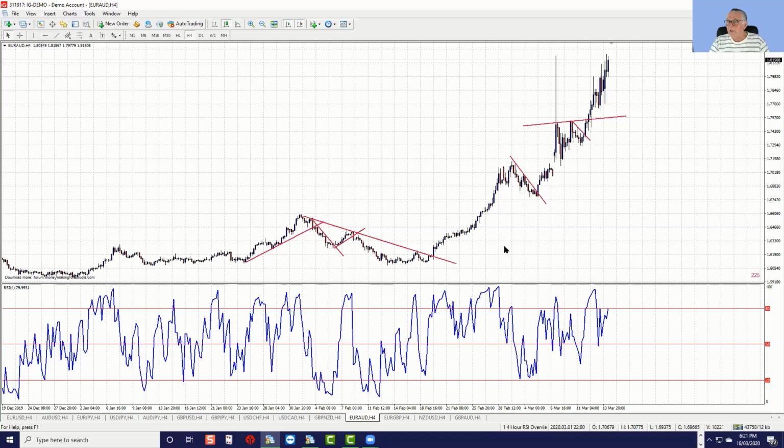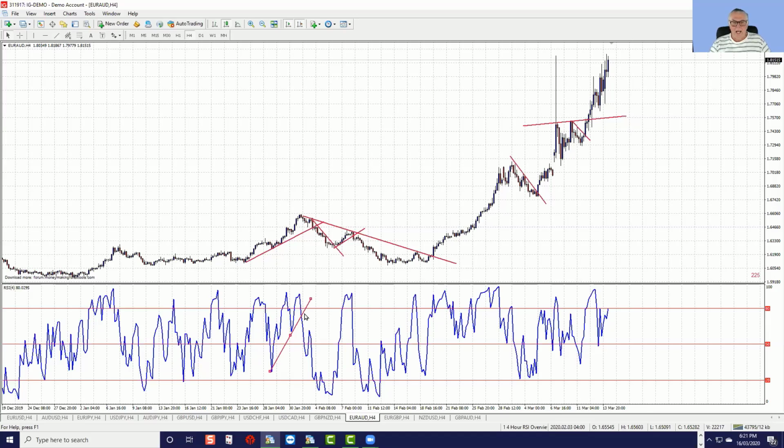Now, yes, you can trade trend lines in conjunction with other things, but trend lines can be traded on their own. So I just want to show you an example of using it with other things. So there's the RSI, and here you can draw trend lines on the indicators too.